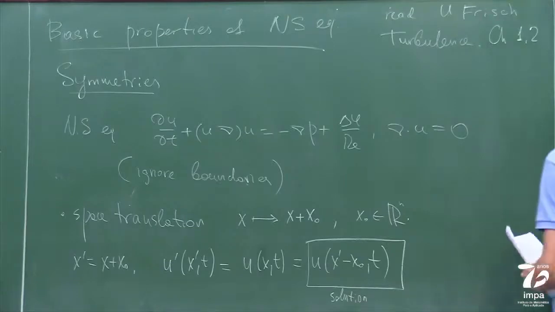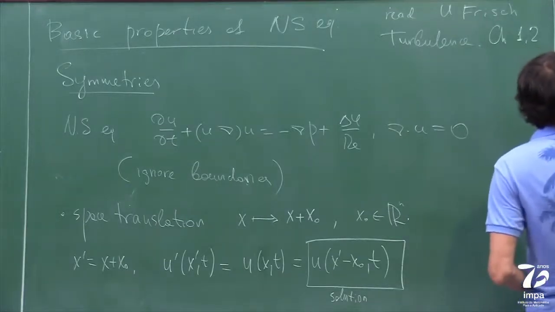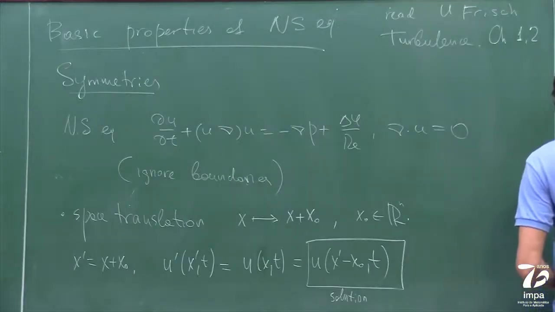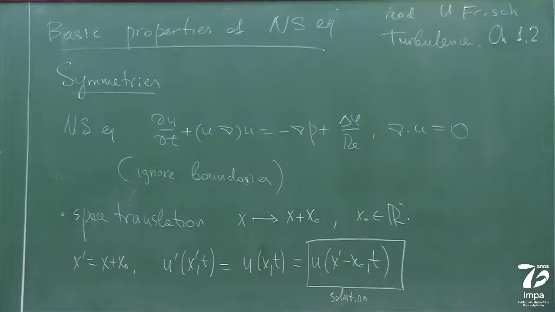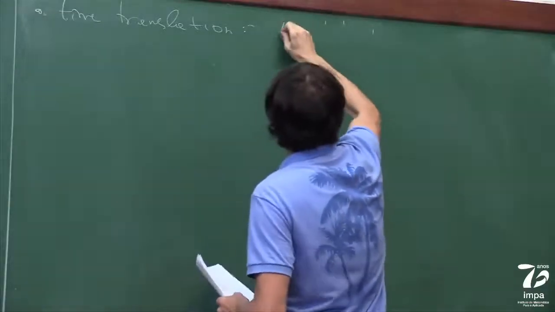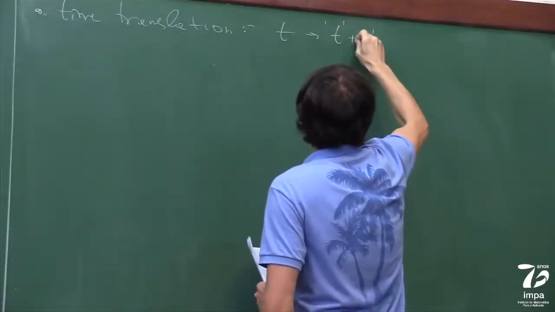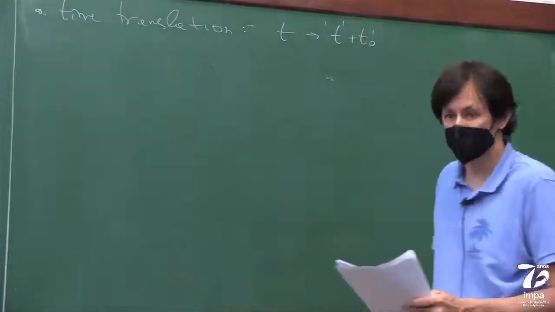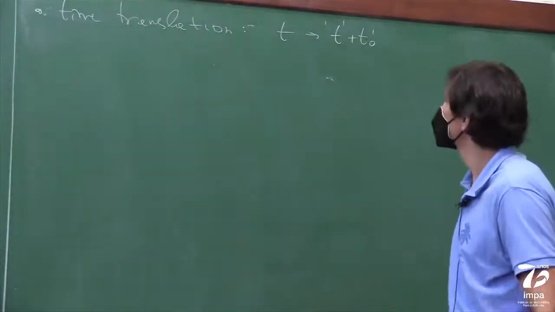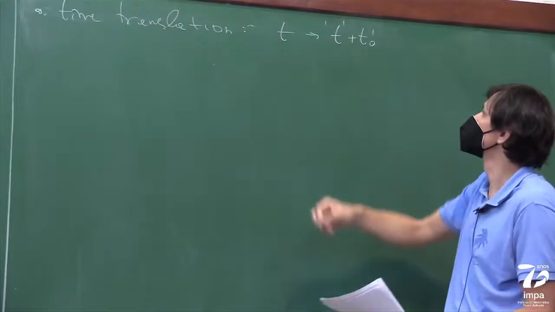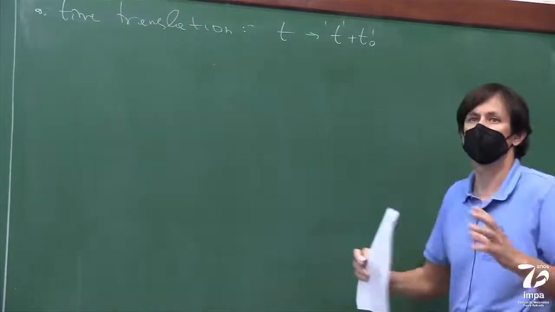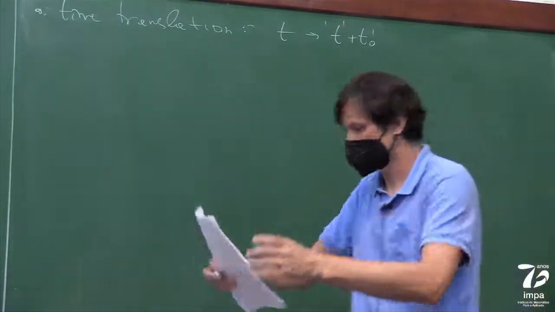The second is, similarly, time translation. Which means that you can add a constant to time, and this is essentially the same as the evolution operator. So you just change time from one moment to another.